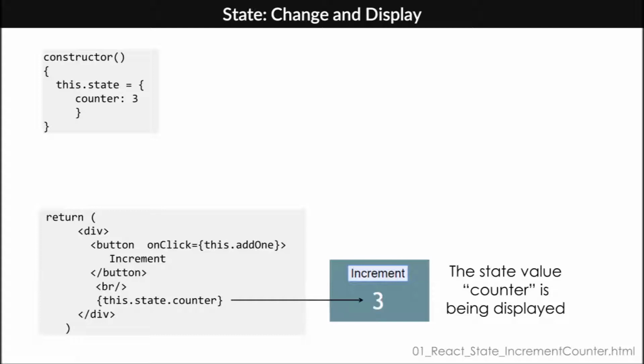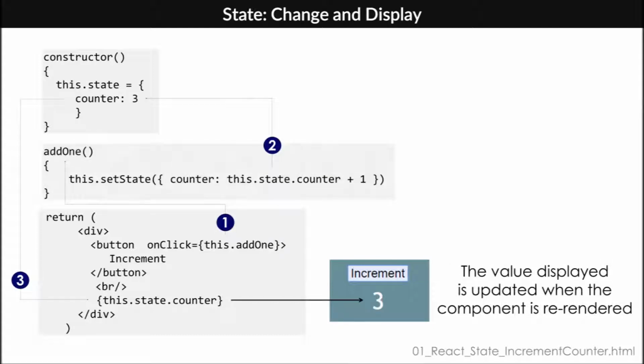Here's how life began in the constructor. It started off as 3, and follow the numbers. You click the increment button, that invokes the method add1, the function add1. And look what it does. It does one thing. It calls this.setState, and it says whatever is the current value, add 1. That gets React all jittery and excited.